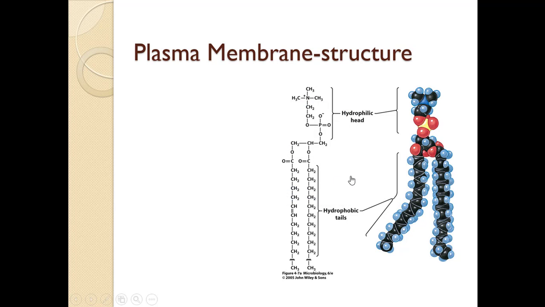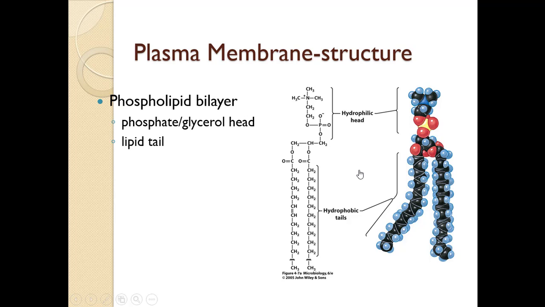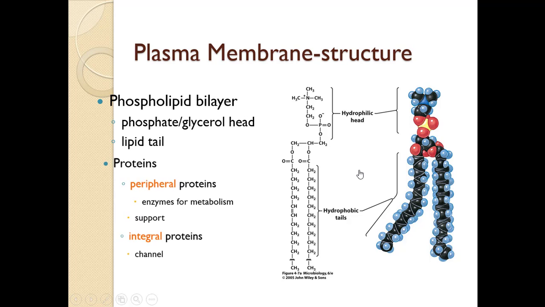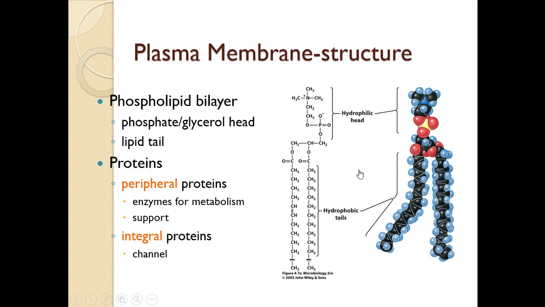The phospholipid bilayer, lipid tail, proteins, peripheral proteins, which are part of the membrane. Some of those proteins are used for enzymes and metabolism and support. And then you have the integral proteins, which are more transmembrane. They go from inside to outside, like the porins.